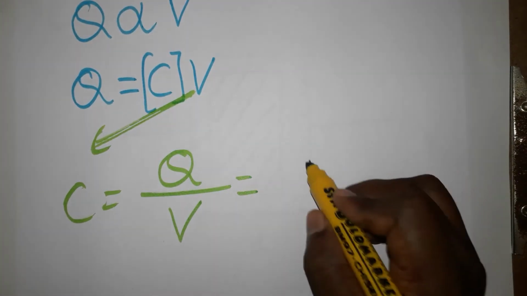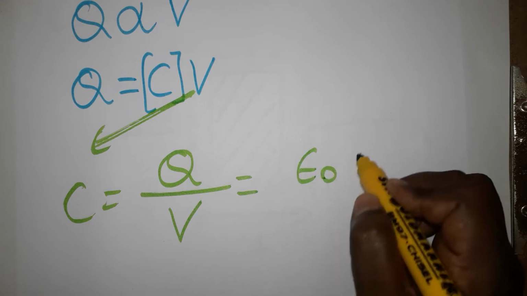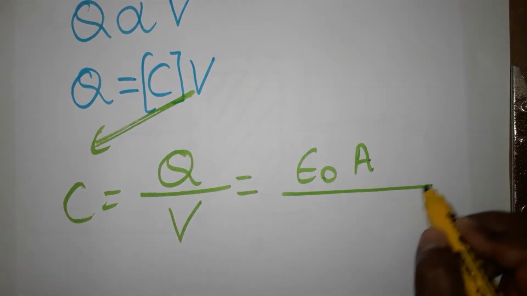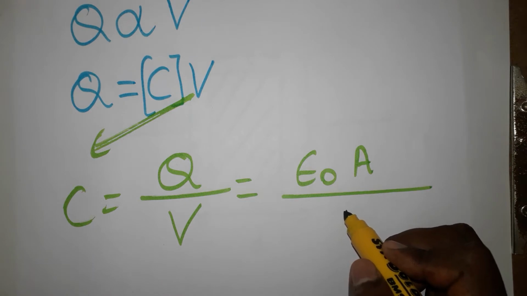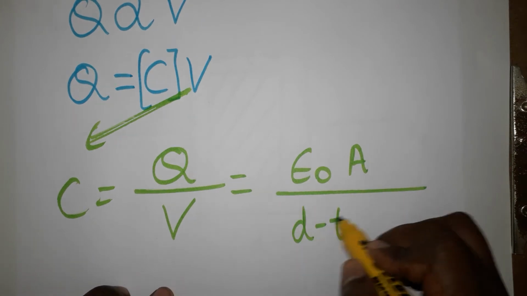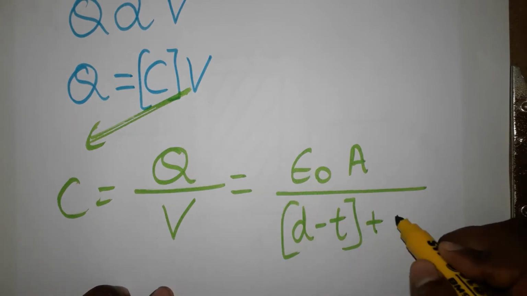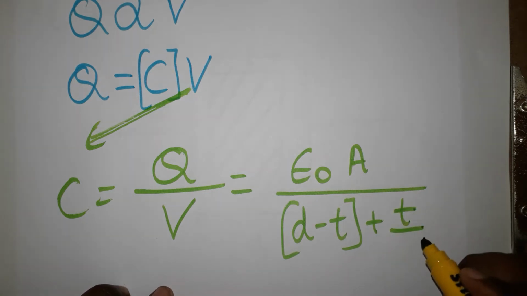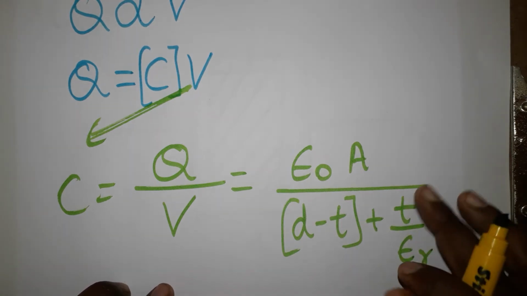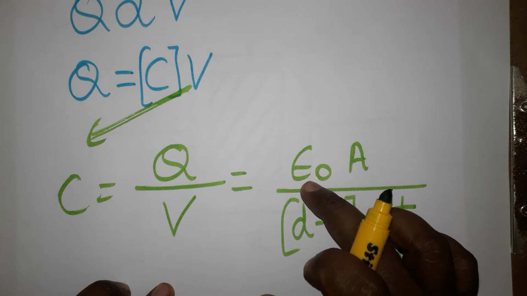C is equal to epsilon naught times A divided by (d minus t plus t divided by epsilon r). Epsilon naught is the permittivity in air medium.